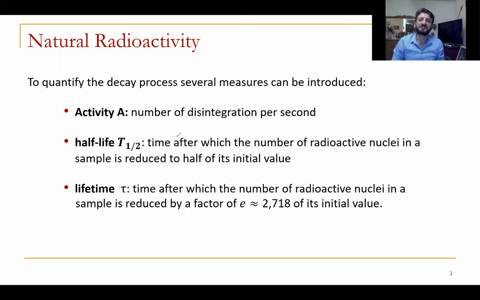In order to quantify the decay process, we have to find and measure many physical quantities. For example, the activity, which means the number of decays, or disintegrations, per second. We have to find the half-life T half, the period, which is the time needed to reduce the number of unstable elements to half of its initial value.